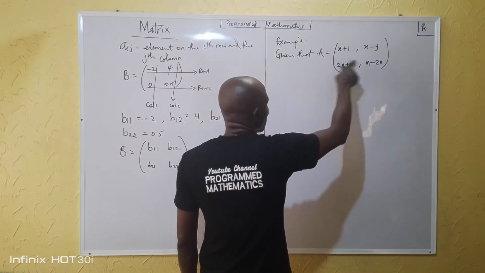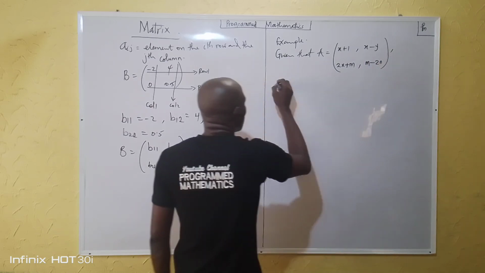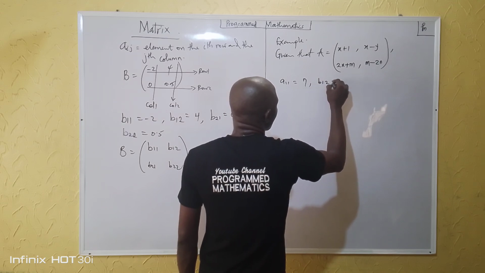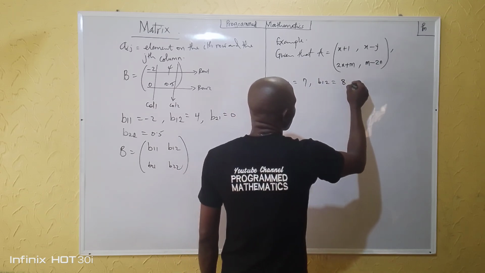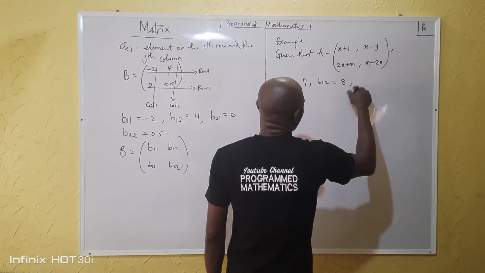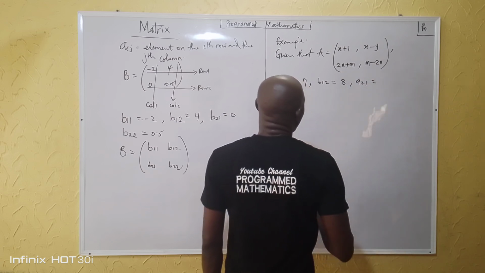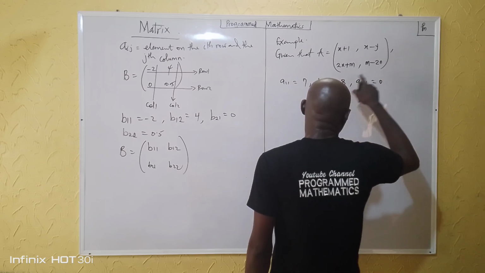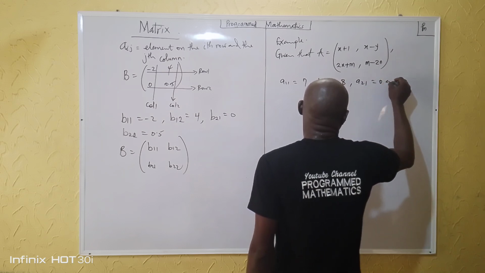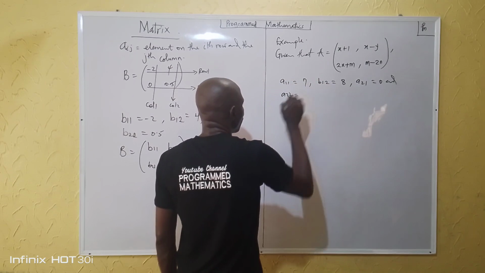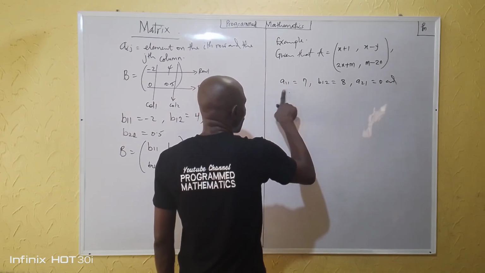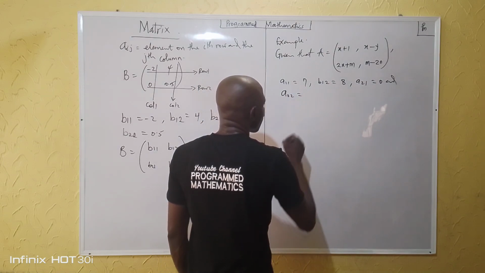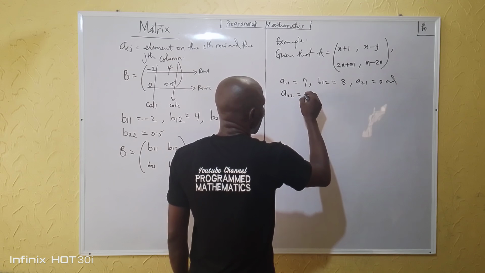So this is matrix A. Now A11 is equal to 7, A12 is equal to 8, A21 is equal to 0, and A22, written as a subscript, is equal to, let me just say, 5.